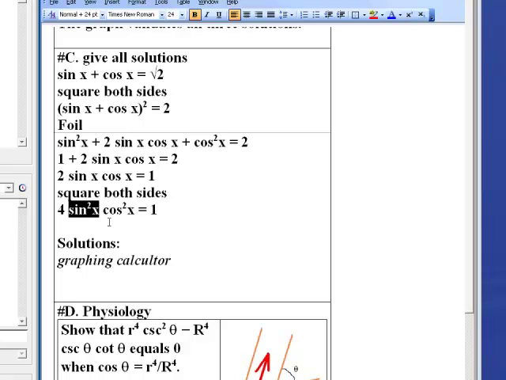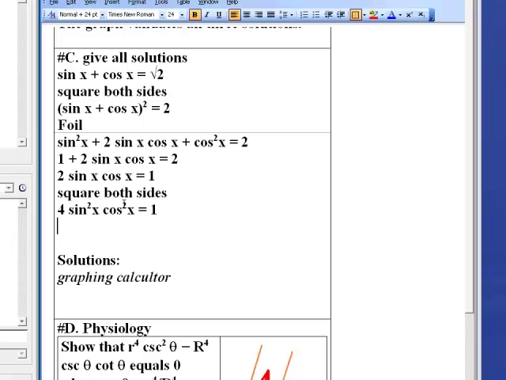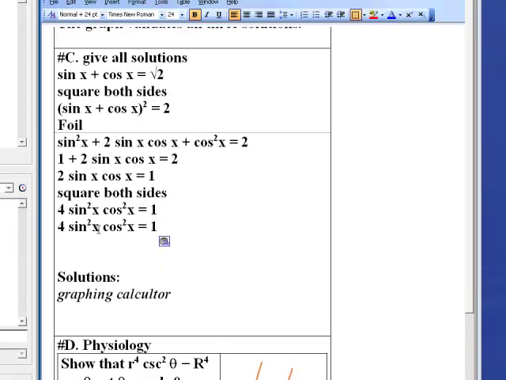and I only have an expression in cosines. So we're going to have 4 times 1 minus cosine squared. So 1 minus cosine squared. I'm going to use a nicer looking minus.